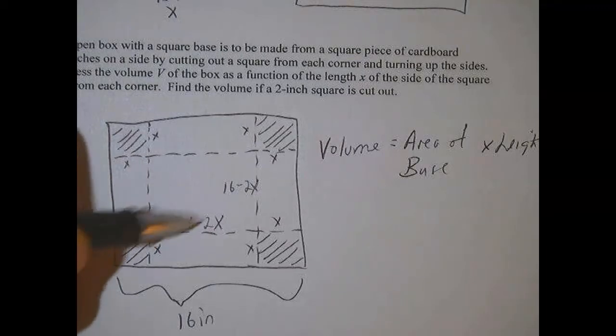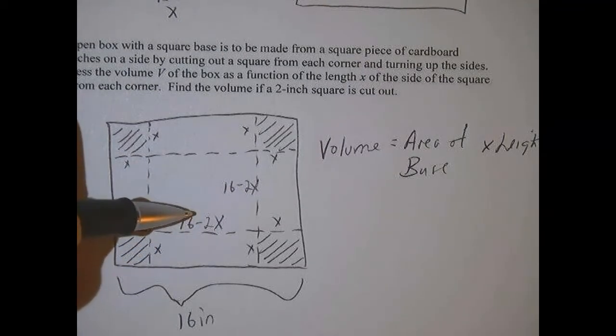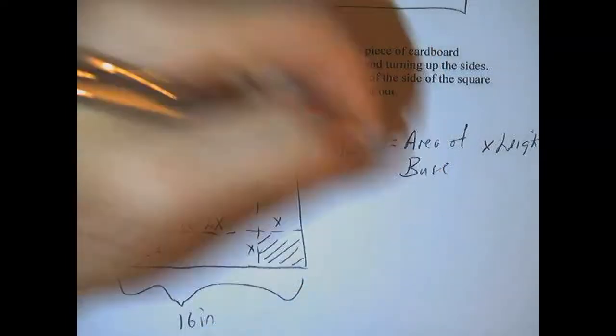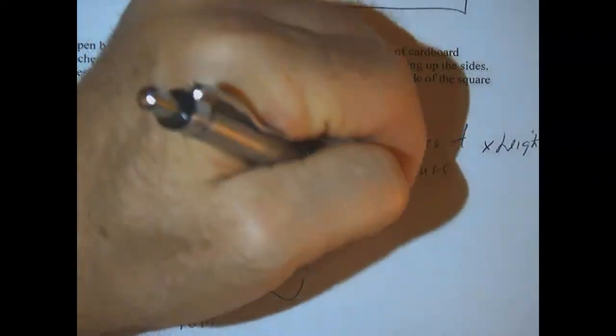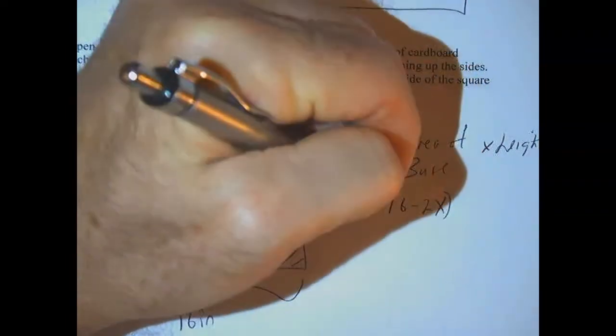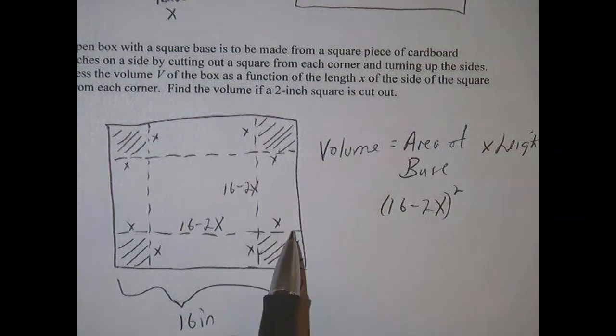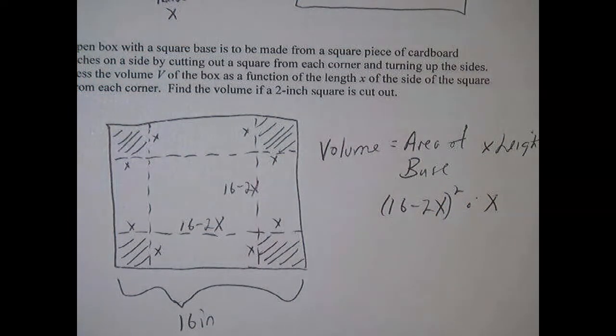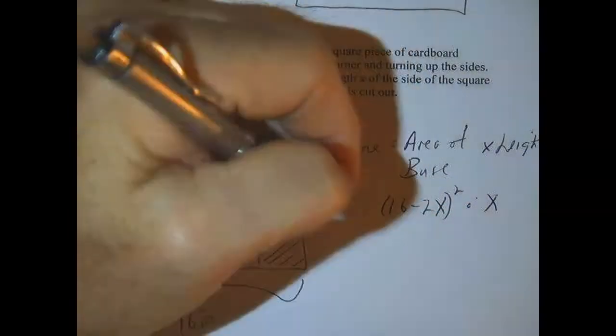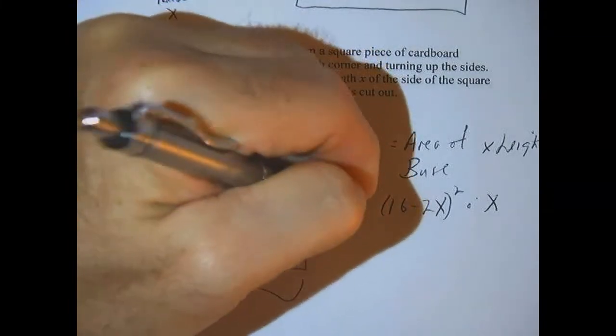The area of the base is 16 minus 2x by 16 minus 2x, so this is 16 minus 2x squared. And the height is the thing that we're folding up. This is one of the sides, and they're all x. So times x. That's the volume as a function of x.